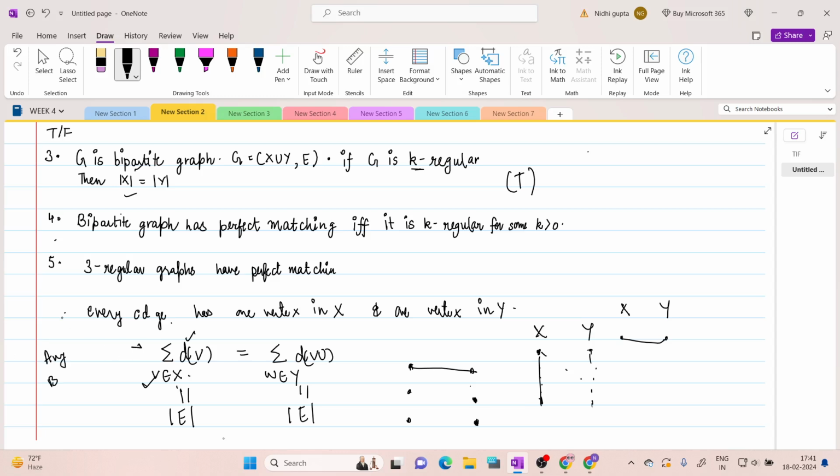For the first two statements, we don't need our bipartite graph to be k-regular. Any edge has one vertex in X and one vertex in Y, so each edge contributes exactly degree 1 to the vertices in X and degree 1 to the vertices in Y. Therefore the total sum of degrees of vertices in X is equal to the total sum of degrees of vertices in Y for any bipartite graph.